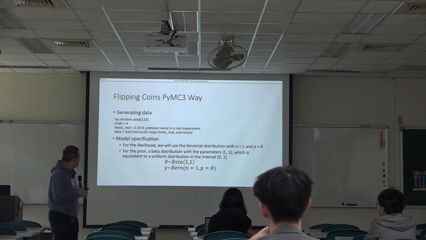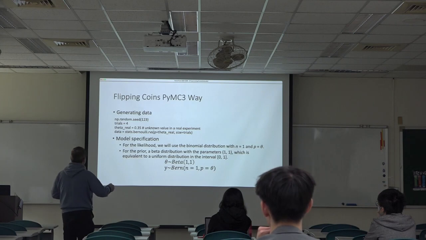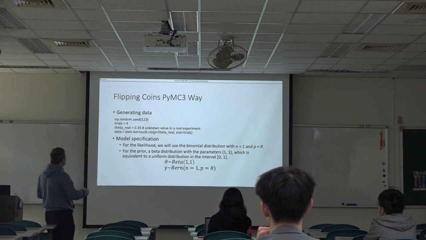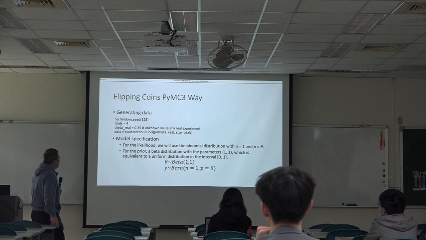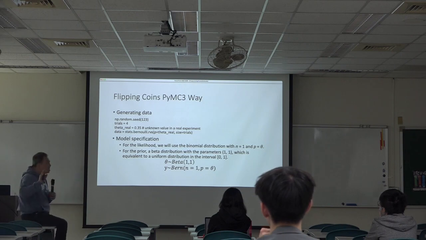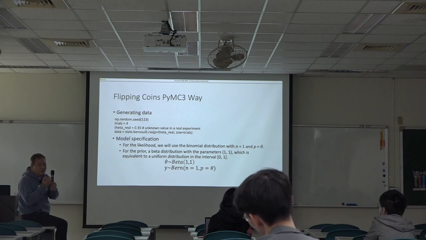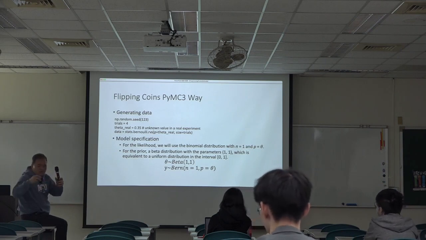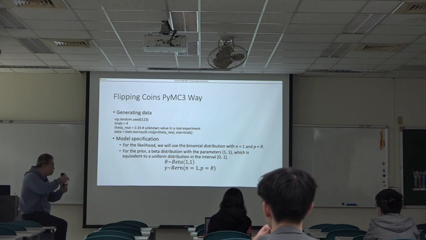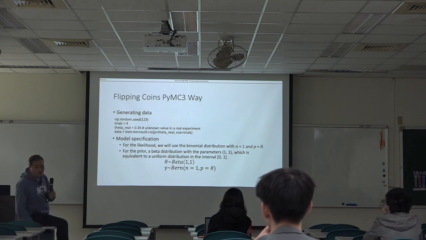Now, first we set a random seed. Trials equal to 4, and theta real is 0.35. This is the real theta value, which is supposed to be unknown, but we define it here so that we can generate the data based on this real theta value and see if the analysis result matches this real theta well enough or not.